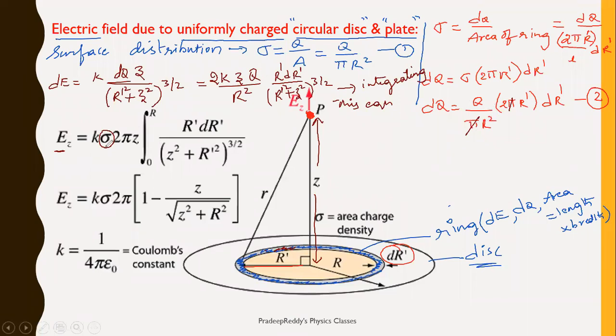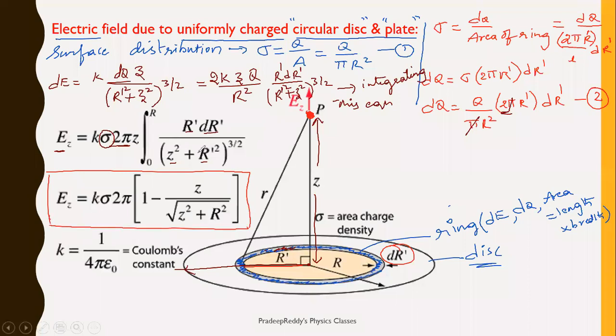So sigma as it is written here, and 2 pi into z. From the center, what will be the limits? Limits are from 0 to r, and the only variable terms are r dash dr dash divided by (z square plus r dash square) whole power 3 by 2. You need to integrate this total. Integrating this equation, you will get the expression which is the final answer for the electric field due to disk.